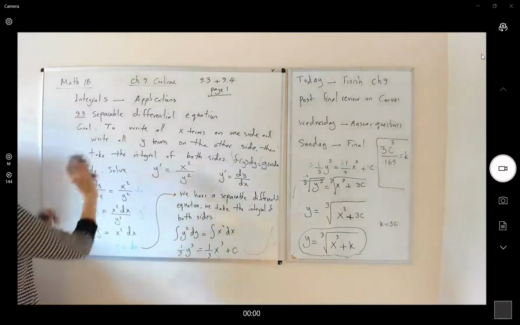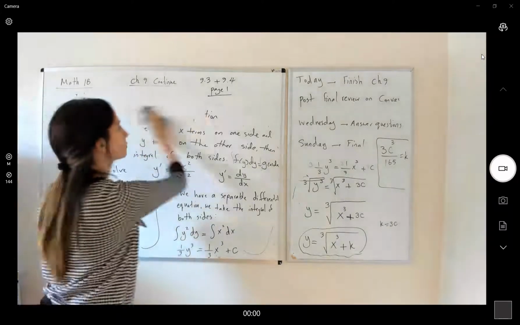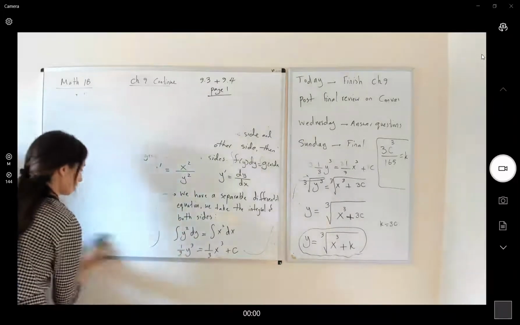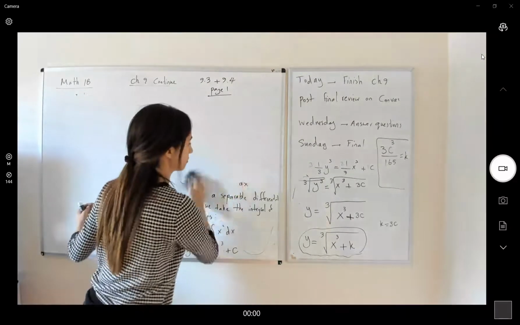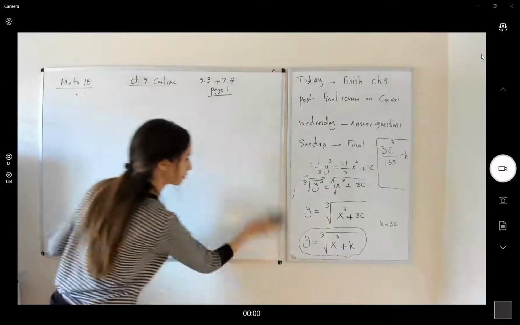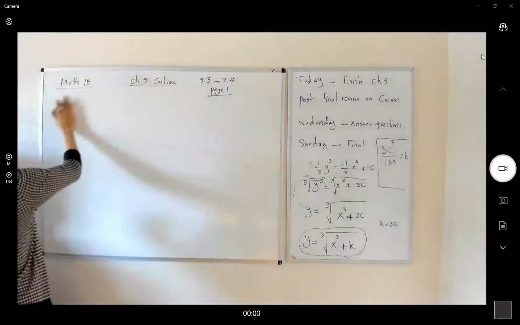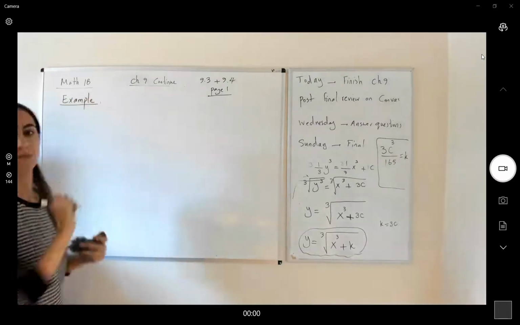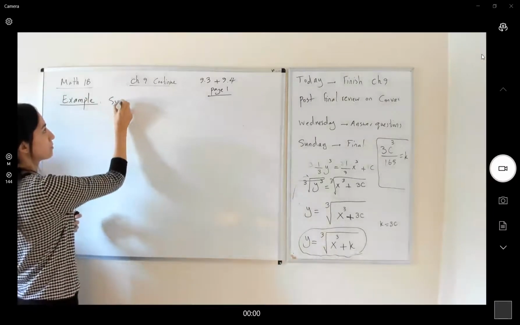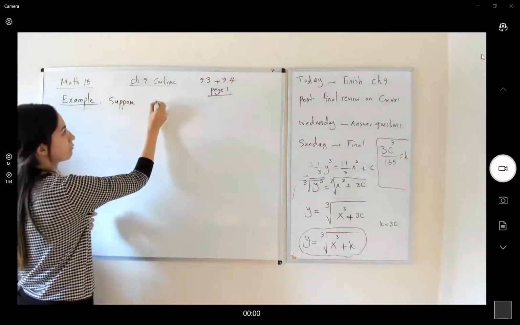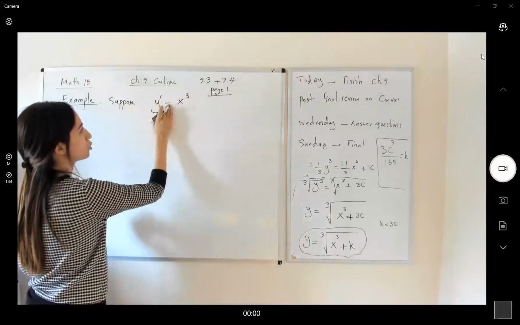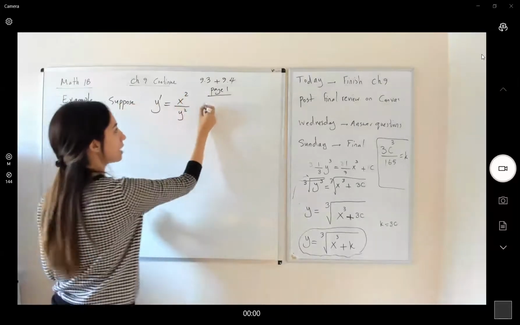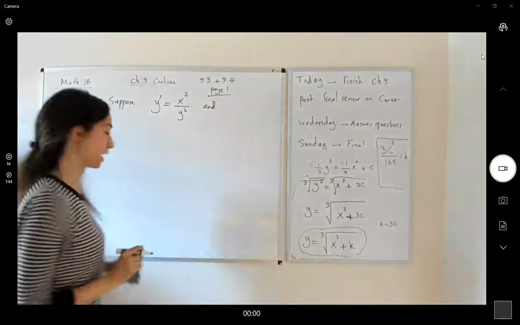There you go. So I'm going to rewrite this example for you, and I'm going to add another condition to this example. So suppose they have y prime equals x squared over y squared, and you have this condition as well.